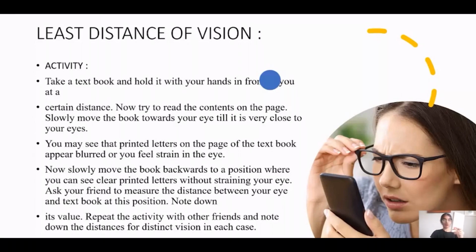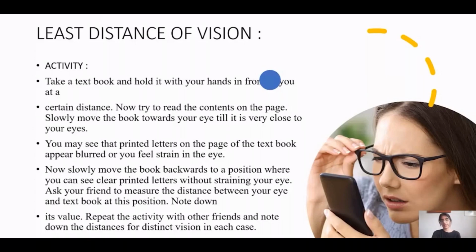So move the book back to the point where it suddenly becomes clear. That point, where the blurry image turns into a clear image, mark that point, and now measure the distance between your eye and that point. This point is the least distance of vision.